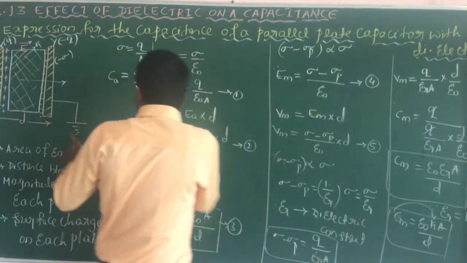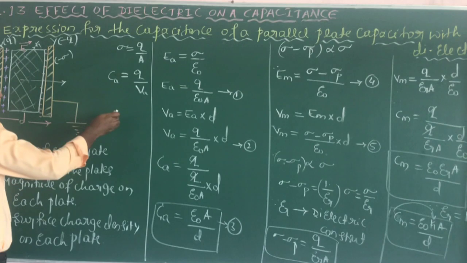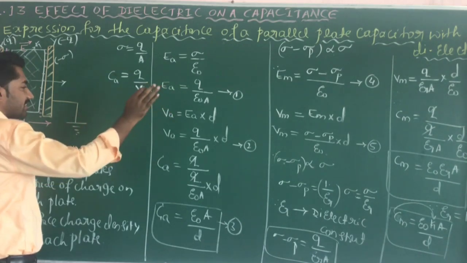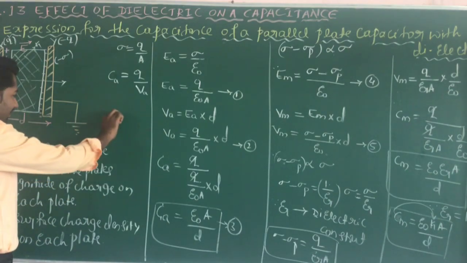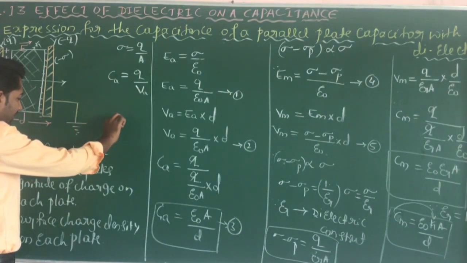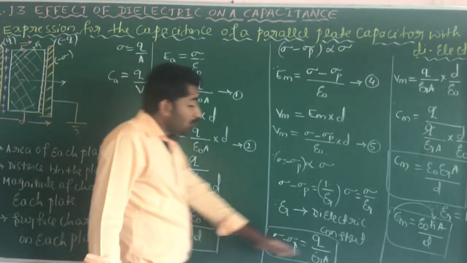But if the distance between the plates decreases, the capacitance of the capacitor increases. If the distance is decreased, capacitance of the capacitor increases. When the distance is increased, what happens to the capacitance? It decreases. Here this is inversely proportional.